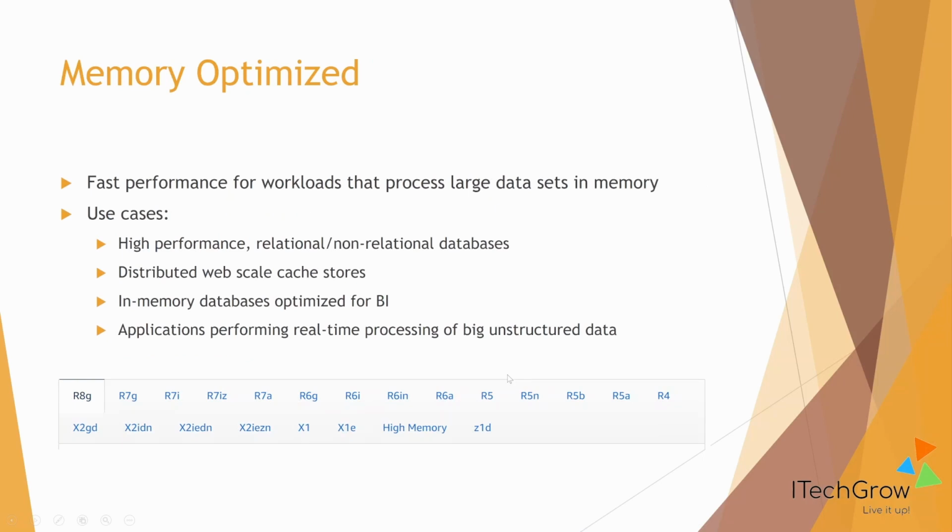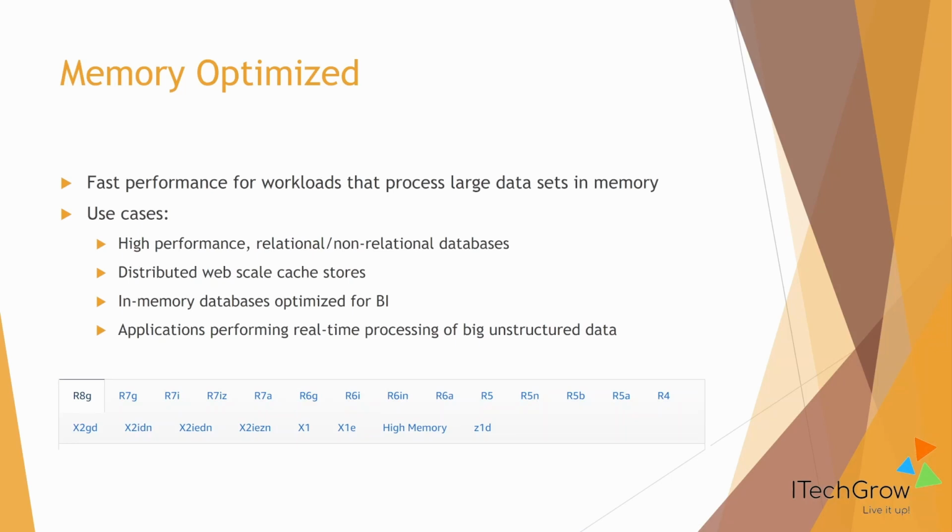For memory optimized, memory means RAM, so the instance types mostly start with R. It is not only R; X and high memory instances are also memory optimized. This memory optimized instance type gives fast performance for workloads that process large data sets in memory.